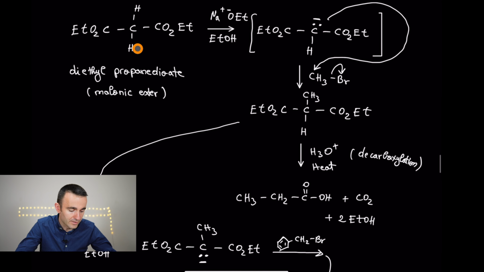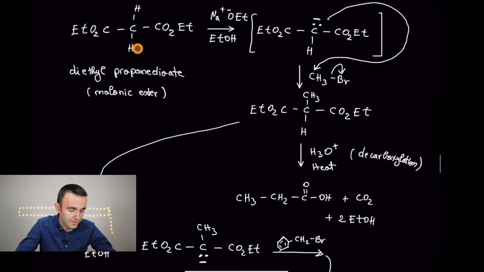Okay, with Malonic esters you can form cyclic alkanes also. We can start from Malonic ester, treat with sodium ethoxide in ethanol. You can form enolate, and after that you can treat this enolate with a dihaloalkane, so two halogens on the terminal sides of the alkane.